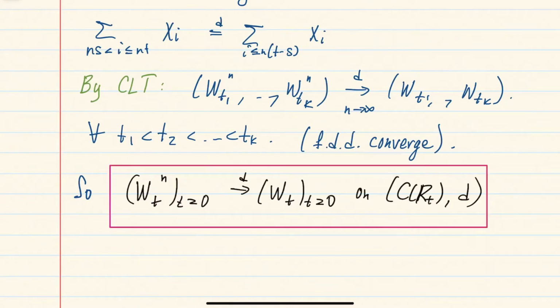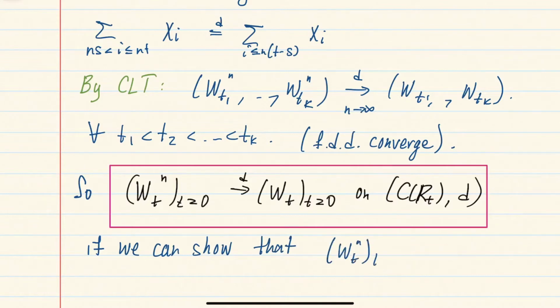Okay, this is exactly the statement of the Donsker invariance theorem, and it will hold if we can show uniform tightness. So, if we can show that the sequence of these processes is uniformly tight on this space of continuous functions, or more precisely, their distributions on this space is a uniformly tight sequence of distributions.